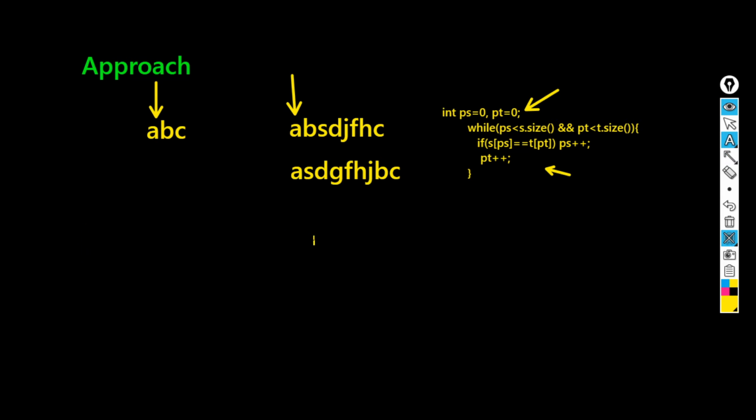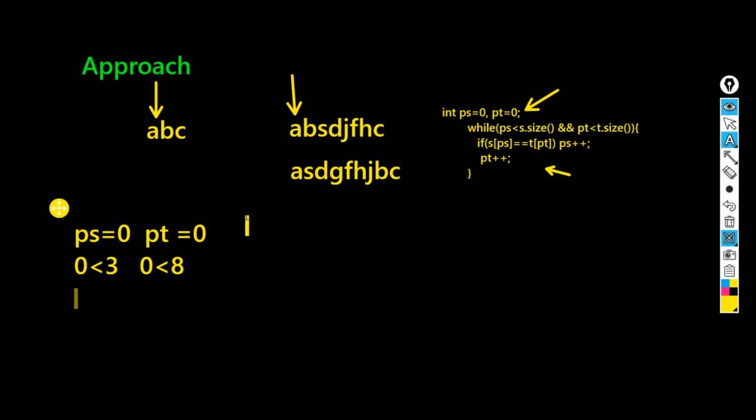In the first case we have PS equal to 0, and PT is also equal to 0. We will check the condition: 0 is less than 3, true, and the second one, 0 is less than 8, so it is true.